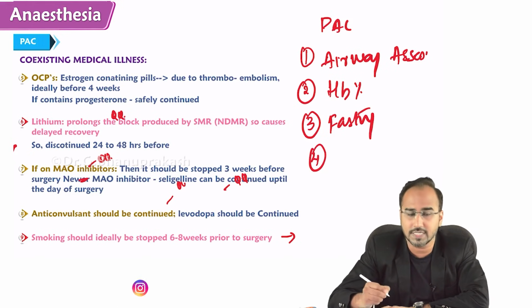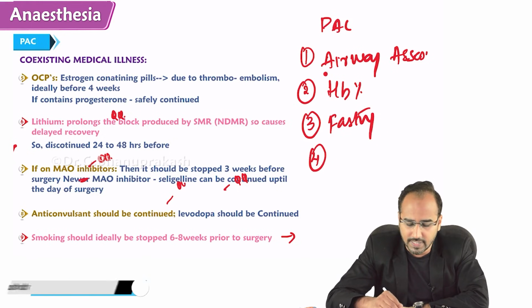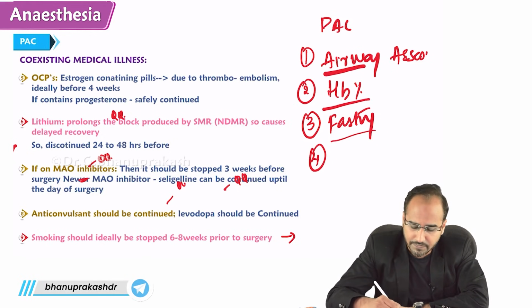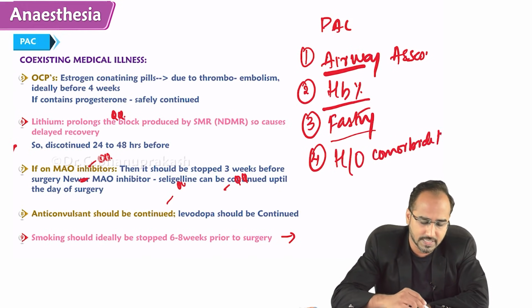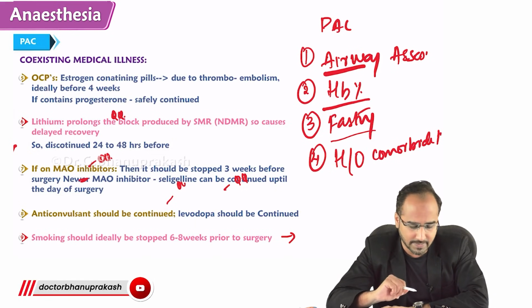And after fasting status, what do we need to know? We have done the airway, we have looked for the hemoglobin, the fasting, and last is what? History of comorbidities. These are the 4 things that we do in the pre-anesthetic checkup, right?